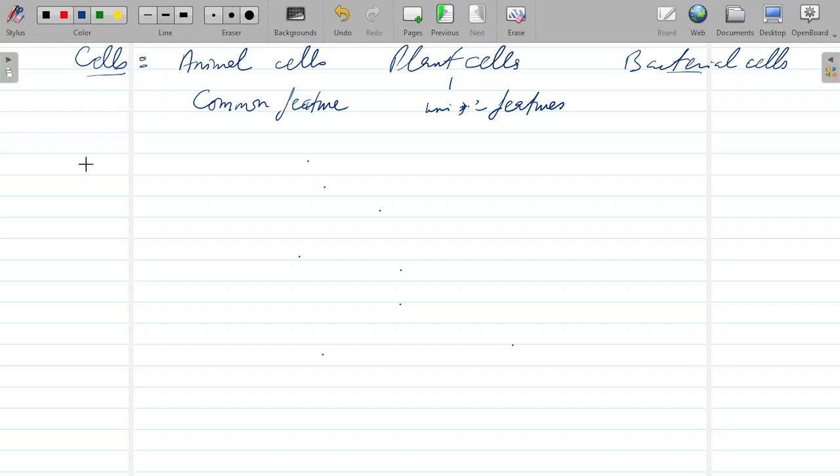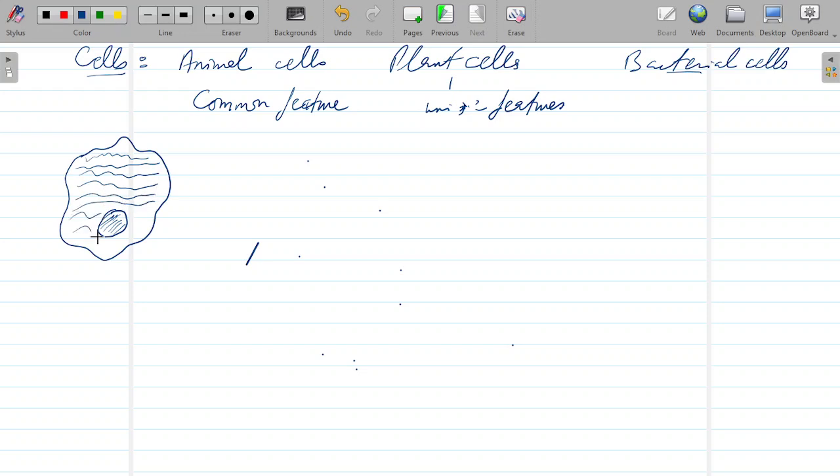Animal cells, when they're seen under a light microscope, appear as irregular shaped compartments. What you can see is an outline. You can see a large dark colored blob in that compartment, and you can make out that this compartment is filled with something.